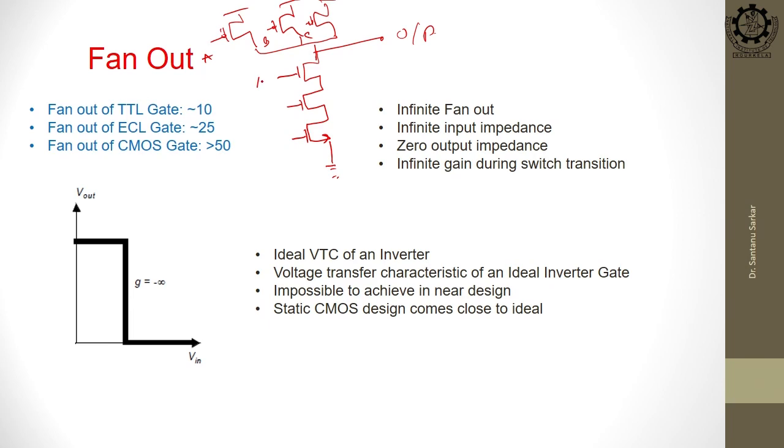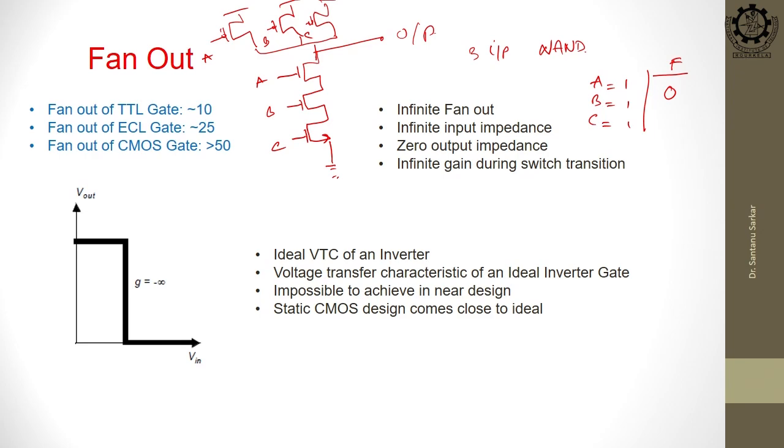Can you tell me which gate it is? 3 input, A, B or C, any one is 0, the output will be 1. But if you want to get a 0 at the output, A, B and C all have to be 1. So A, B, C all should be 1 to get F equal to 0, right.